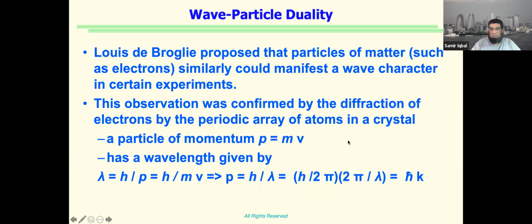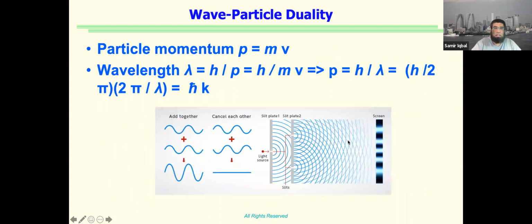Whenever we think of a wave, this is the experiment that I was talking about: two waves coming through a very small slit. On the other side, what you see is that at some places they are supporting each other, and at some places they are opposing each other. So there's constructive interference and destructive interference.